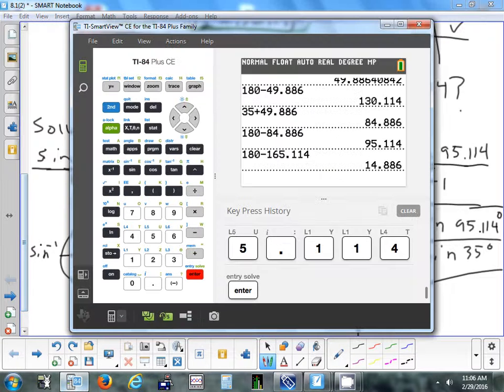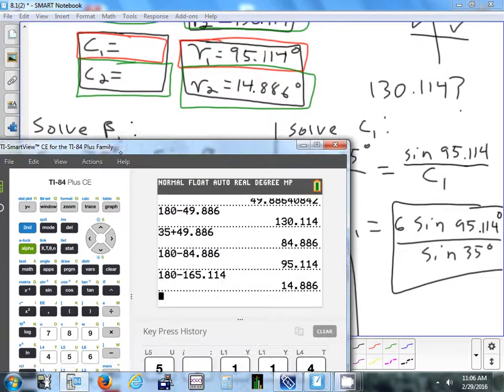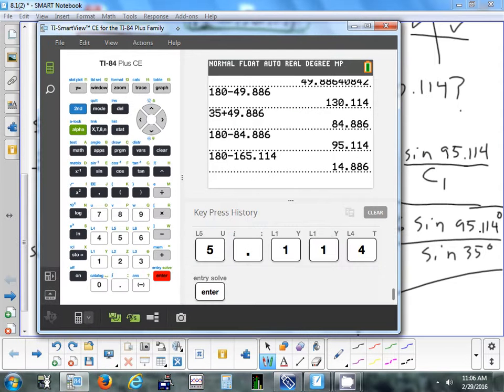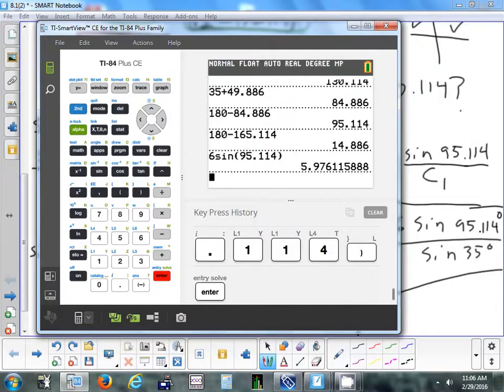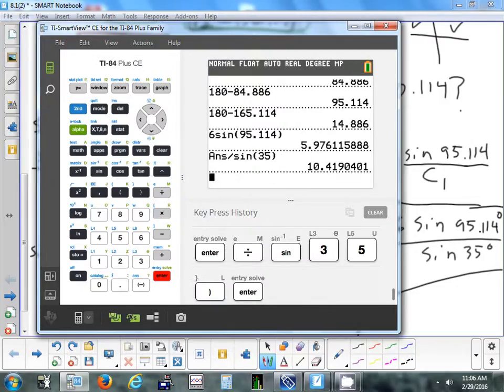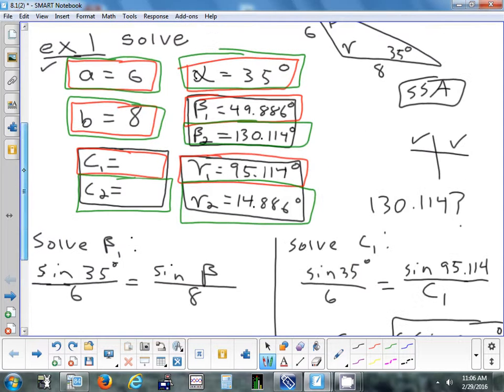Yeah, I guess we could type it in. So 6 sine 95.114. Okay, I'm just going to do that first. And then what was it? Divide by sine 35. 10.41. Yep, good, 10.419.